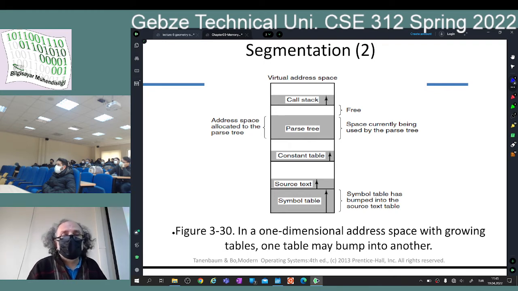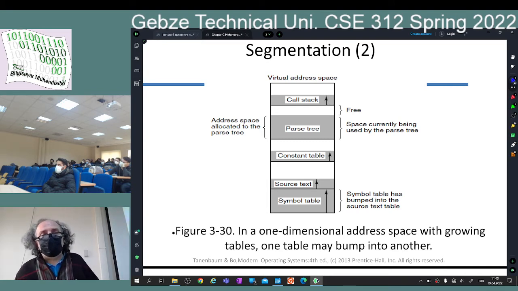When you write a compiler program, you ask the operating system to give you 5 segments. You maybe specify the sizes of the segments, and later, if you would like to grow some of your segments or shrink them, you can do so by asking the operating system.